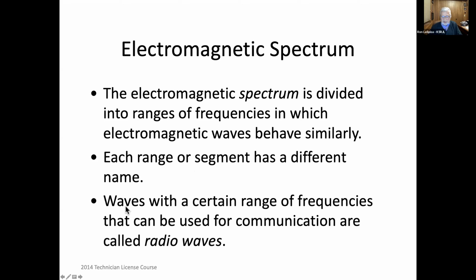Certain parts of that spectrum are used for communication, and they're called radio waves. There's always other kinds of waves too. There's light, for example, there's X-rays, there's all kinds of different parts of the spectrum.